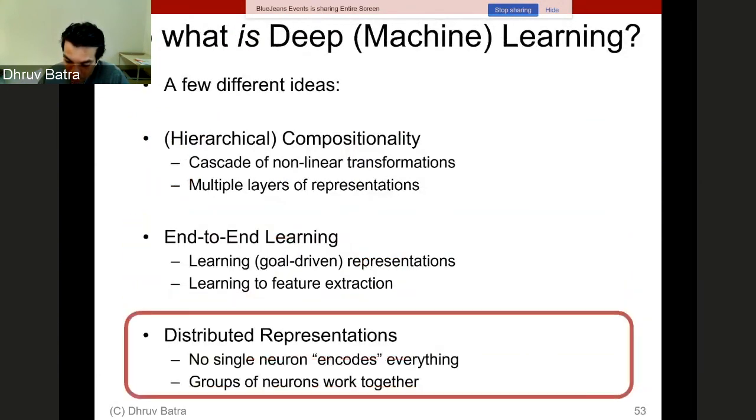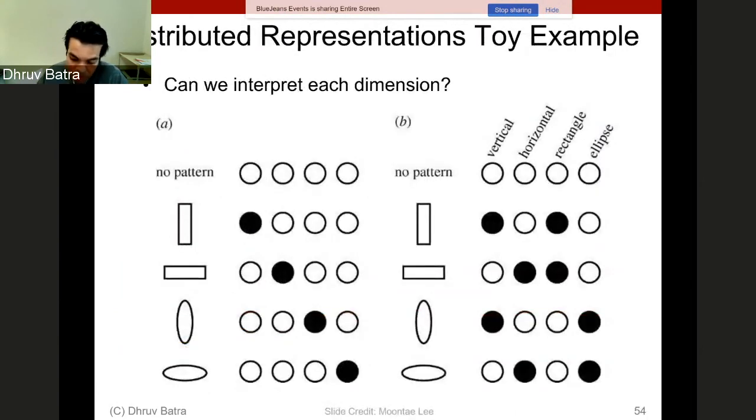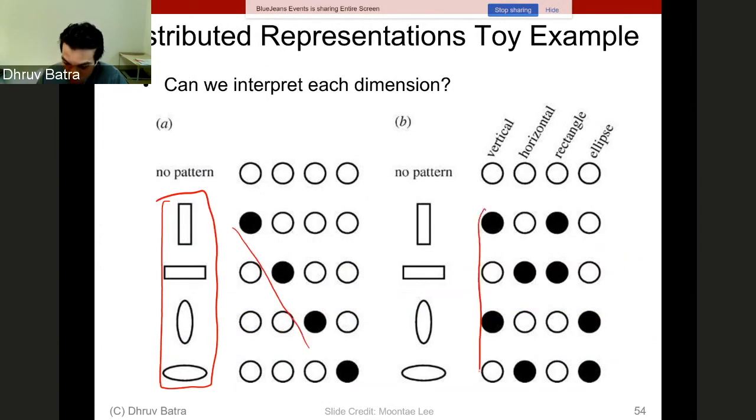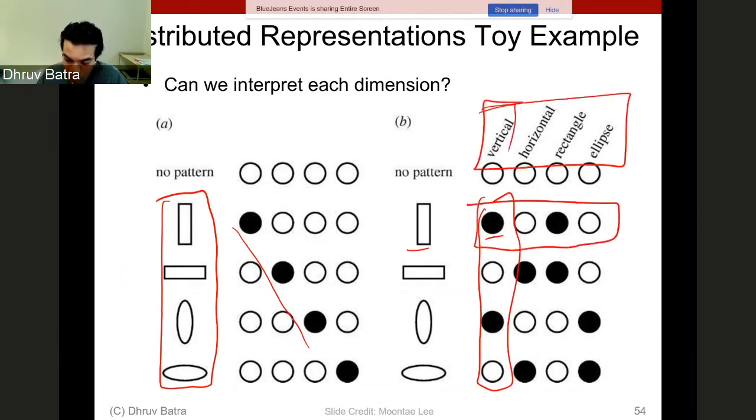And finally, the idea of distributed representations, which I think is the most abstract idea and doesn't easily lend itself to an easy explanation. But we had given you this idea of one-hot representations of these objects, and hopefully it became clearer that instead of one-hot representations, you should have distributed representations where a concept is represented by multiple sub-concepts, if you will.